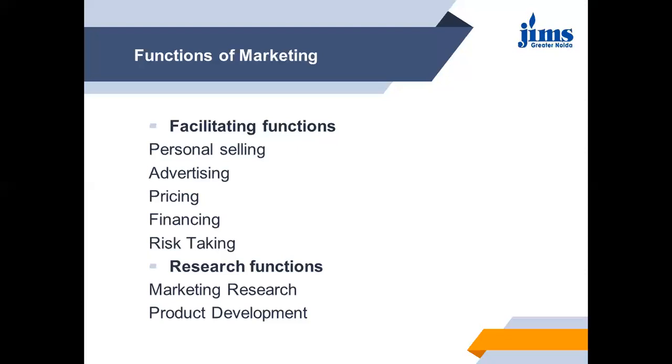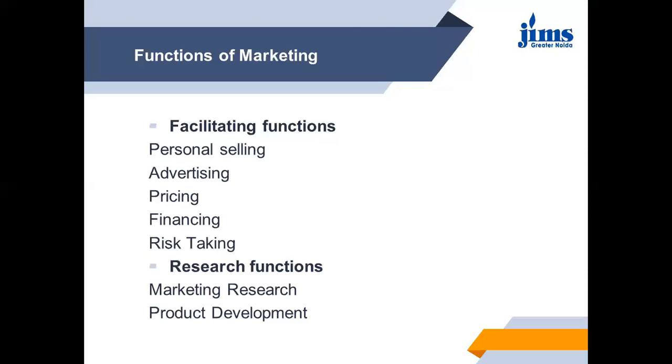Then we have product development. Why is this kept under the research function? Because this is actually the research and development function. Whatever information comes from marketing research is then scientifically and systematically processed, so that new products can be developed, or improvements or modifications can be made in existing products.